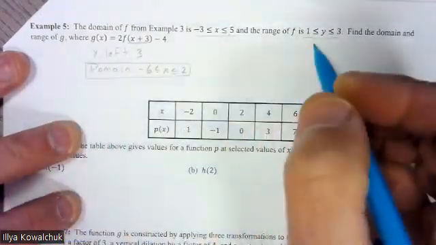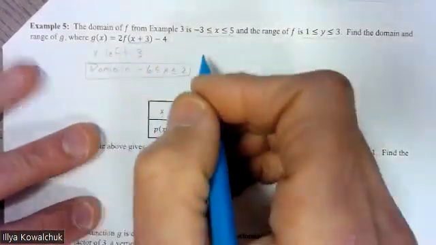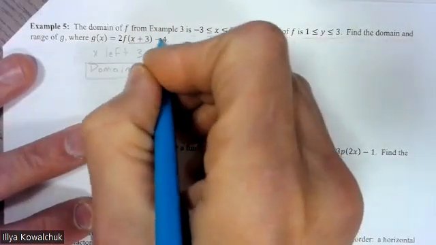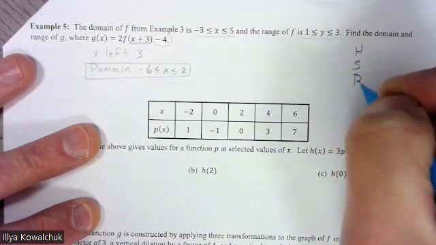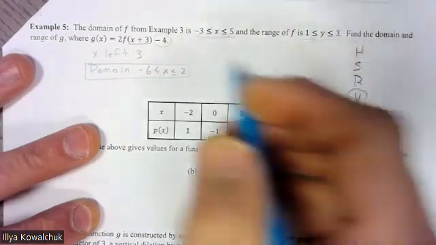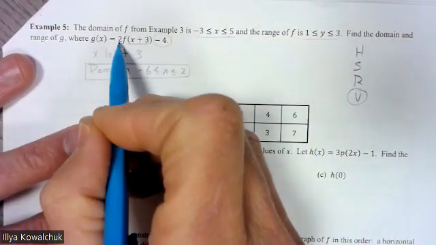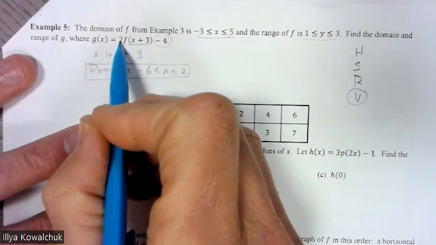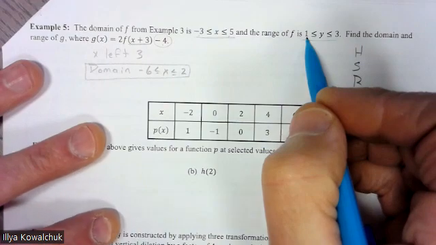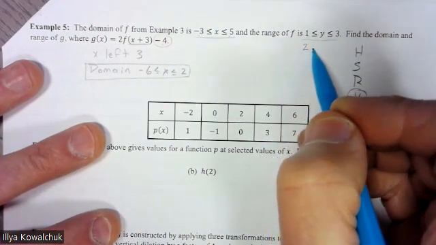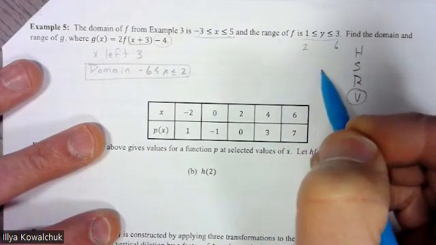Okay. Our range is a little bit more complicated. So if we think about our range, the vertical shifts always happen last, right? Remember H, S, R, V. Vertical shifts are always last. So we're going to do 2 times our y values first, and then we subtract 4. So if I go 2 times 1, that gives me 2, and 2 times 3, that gives me 6.